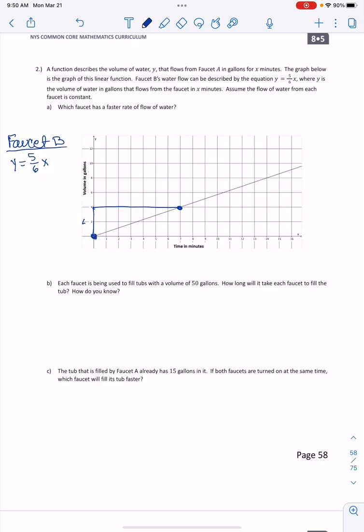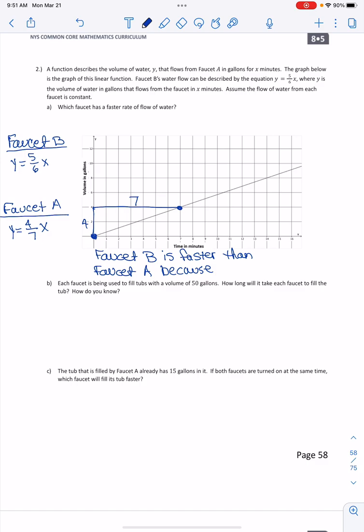So faucet A is y equals 4/7x. So faucet B is faster than faucet A because 5/6 is greater than 4/7.